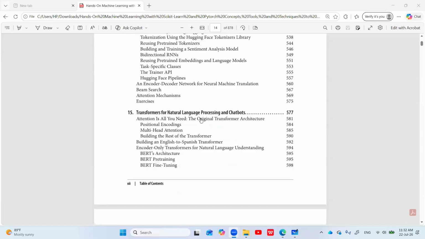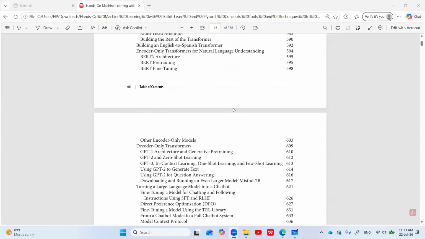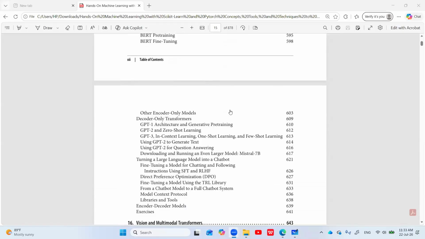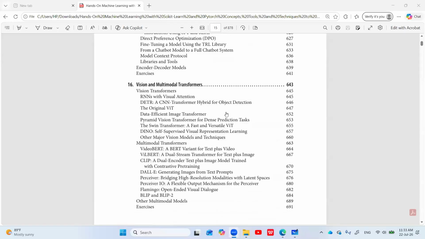Then chapter 15 is transformers for natural language processing and chatbots. There we will learn the GPT architectures, GPT 1, 2, and 3, and we will build the things from scratch. Then the vision and multimodal transformers also we will learn.